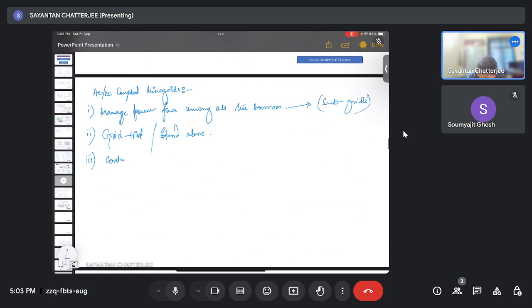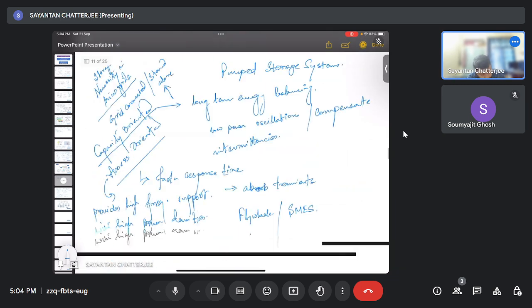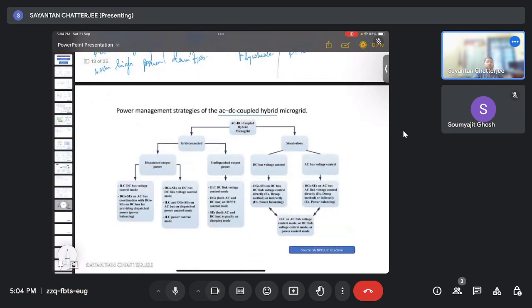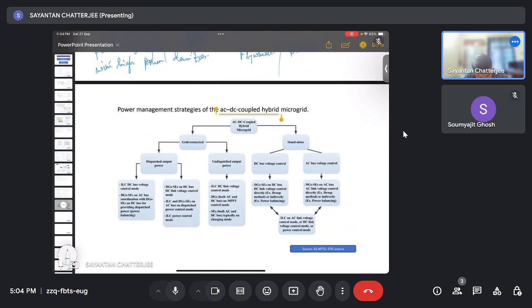Then there is the control technique. Here we can observe the AC-DC coupled hybrid microgrid.